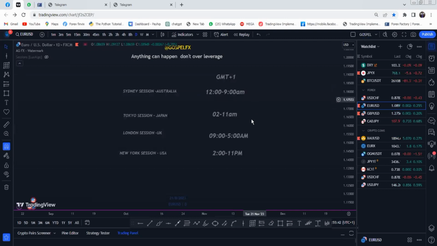That is why they brought them together to form the Asian session, based on the Asian countries.